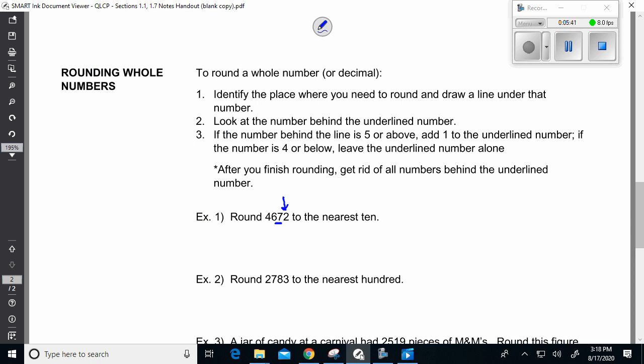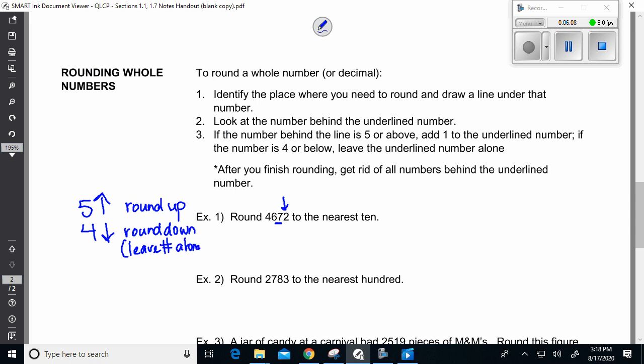If the number behind the line is 5 or above, add 1 to the underlined number. If the number is 4 or below, leave the underlined number alone. So basically that's 5 and up, round up. 4 and down, round down, which basically means you leave the number alone.